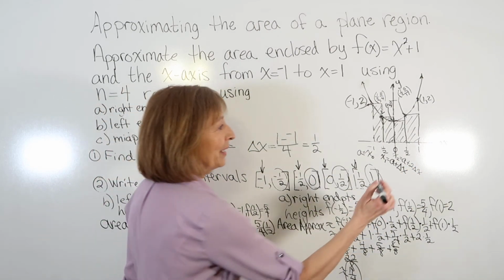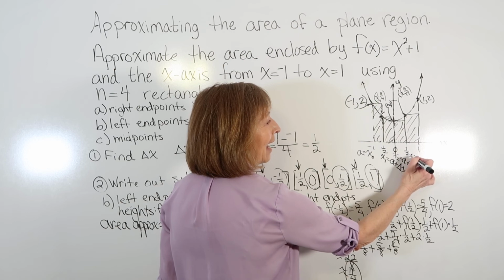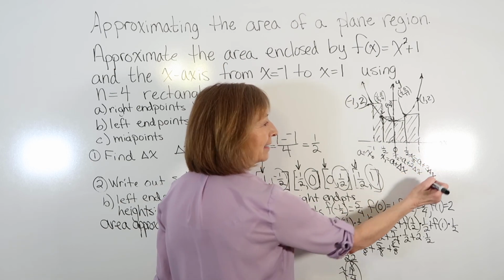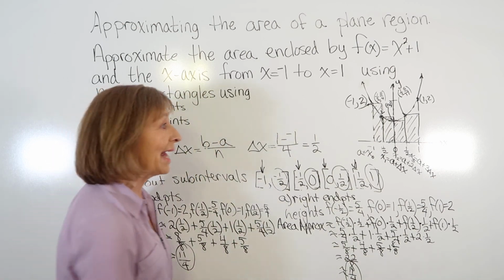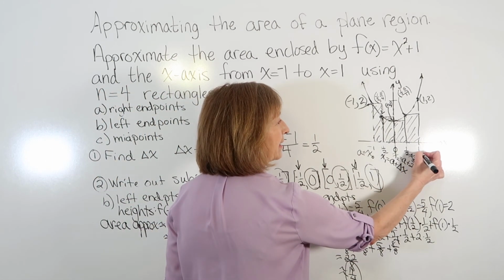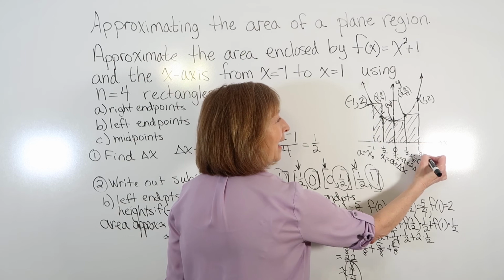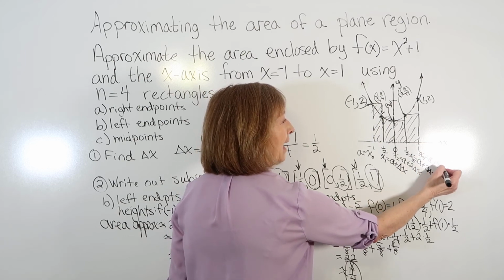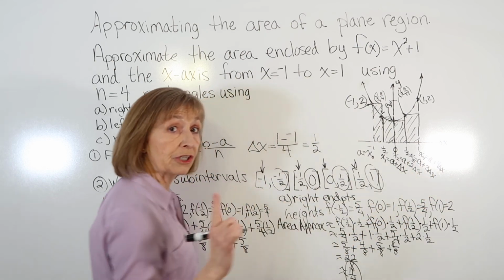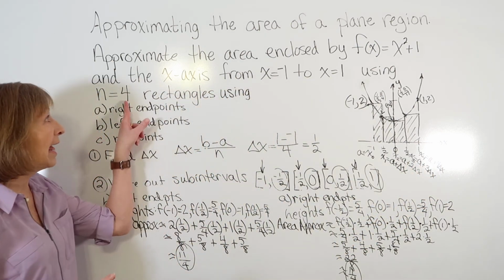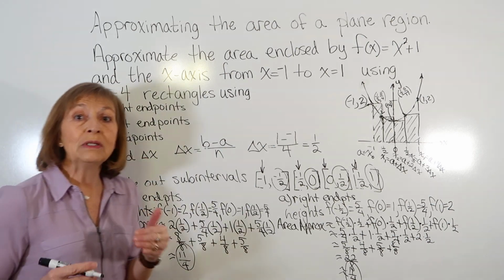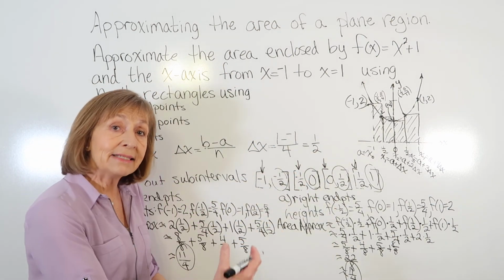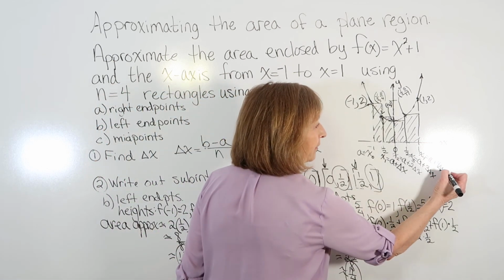My x sub 3, I start with my A and add 3 delta x's. And then finally my x sub 4 in this case, I have my start number A and add 4 delta x's. And when you get to that coefficient being the same as your n for the problem, you will land on B. You will land on that end of the original interval.